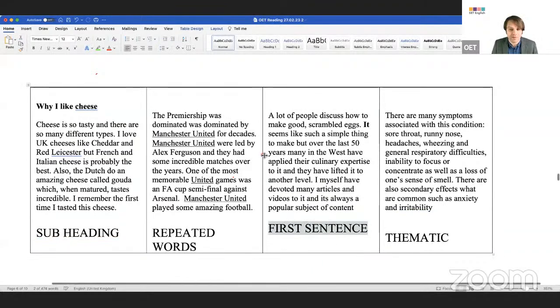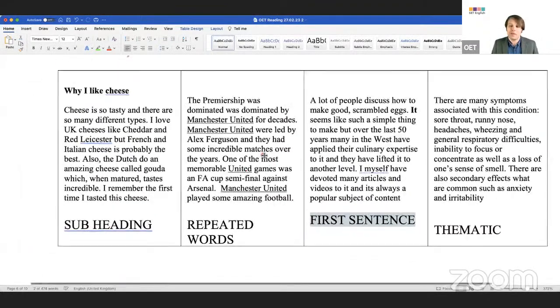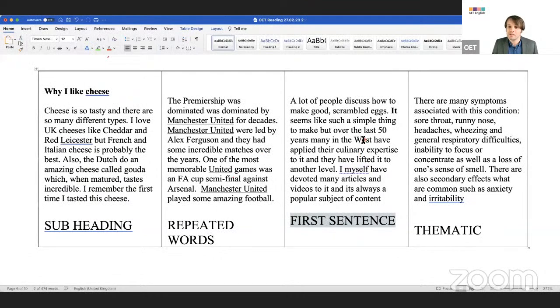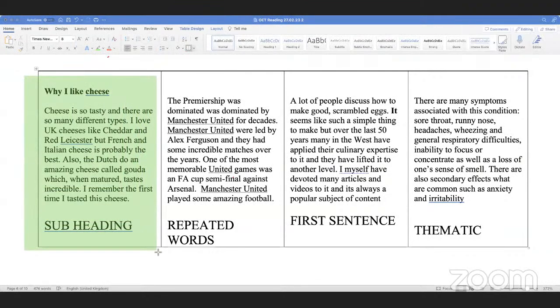When I show you like this, it's very easy, okay? So these are the main ways that we use to get the main idea when we do not have a subheading. If you have the subheading, just use that. Okay, you do not need to do anything else. Is this clear, guys? Yes.